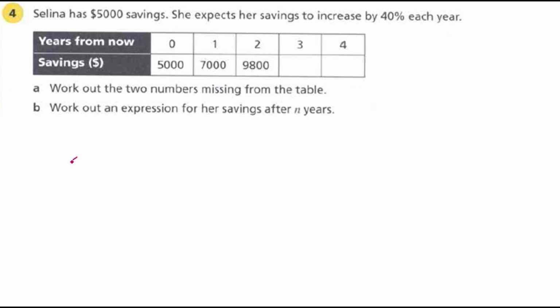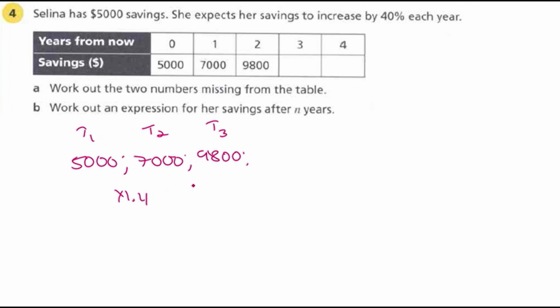So we need to find a multiplier for the first 3 terms, right? And then we can apply that multiplier for the next 2 terms. So this is going to be term 1, term 2, and term 3. So 7,000 divided by 5,000, the multiplier is 1.4.